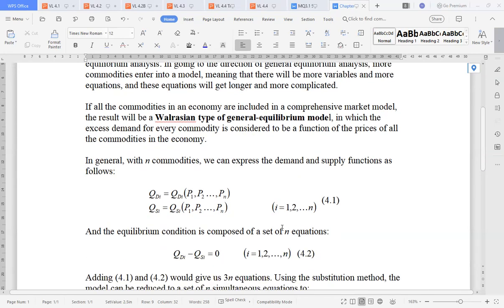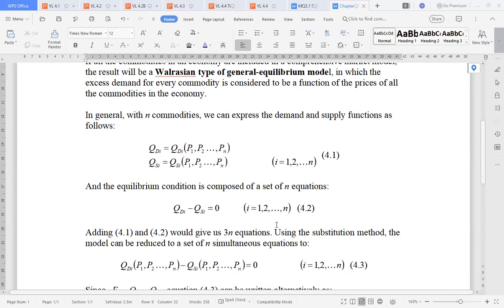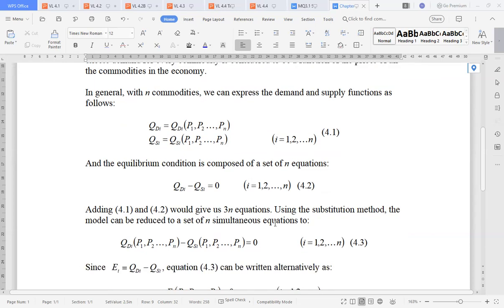But again, in general, when dealing with n commodities, we can still go back to the basics and express that into demand and supply functions. We also introduce the same equilibrium concept, the condition that there should be no excess and no surplus in those set of n equations.